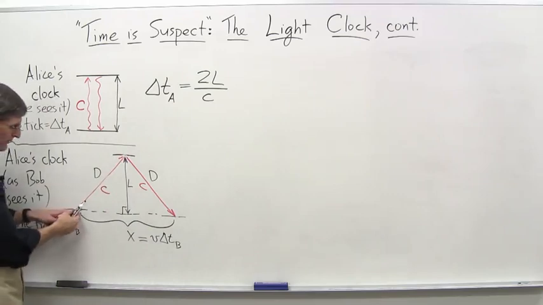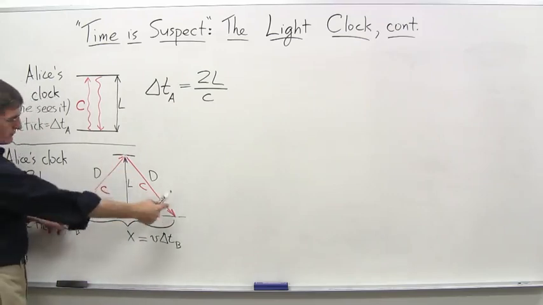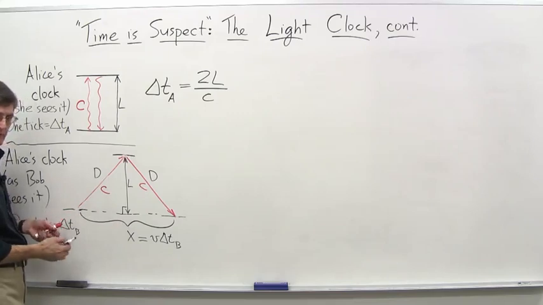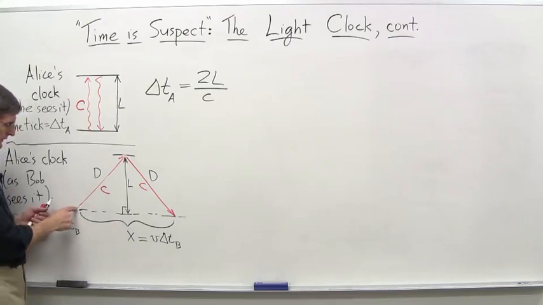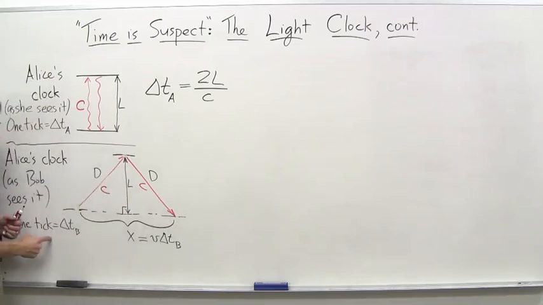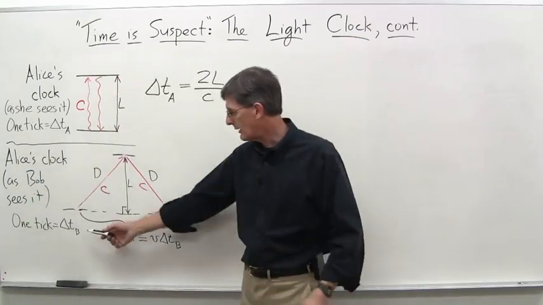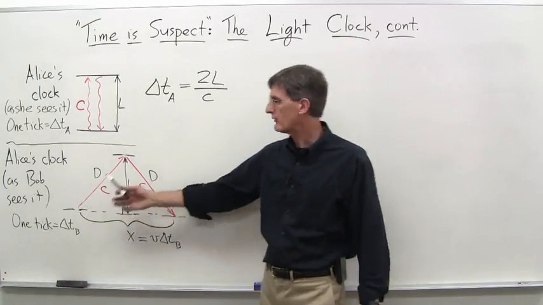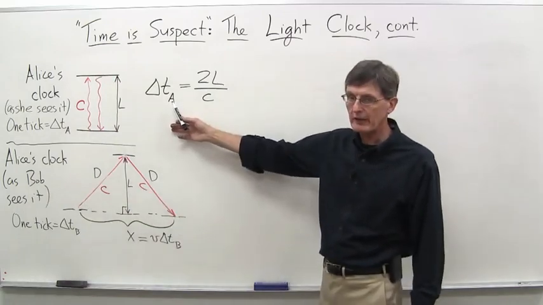And then finally, the bottom of this whole sort of triangle we've got here, we'll call it X. What is X? Well, think about this a minute. The round-trip time is up and back down again. By definition, we're calling that delta T sub B. One tick of Alice's clock, according to Bob, is going to be delta T sub B. One tick of Alice's clock, according to Alice, is delta T sub A.